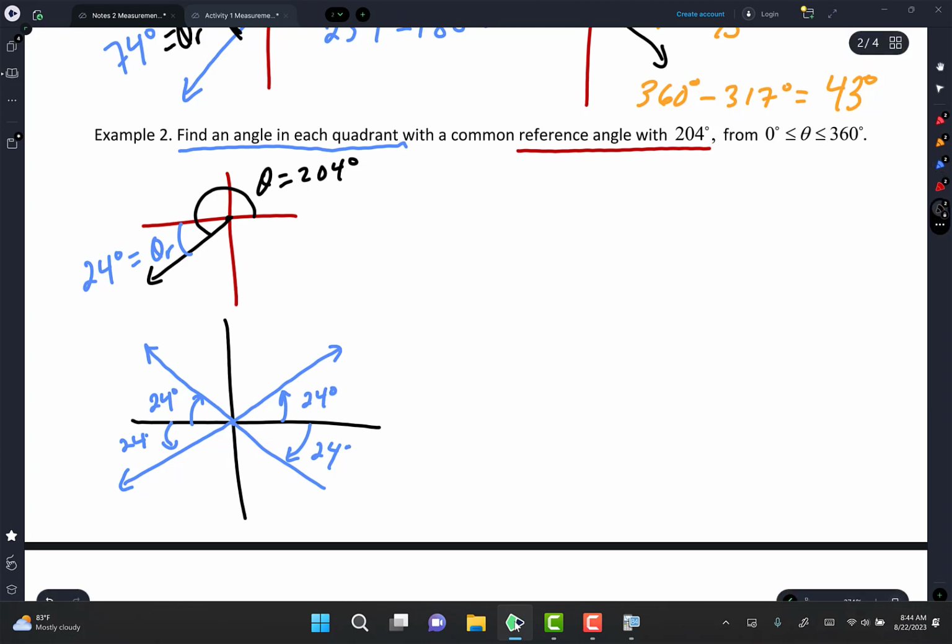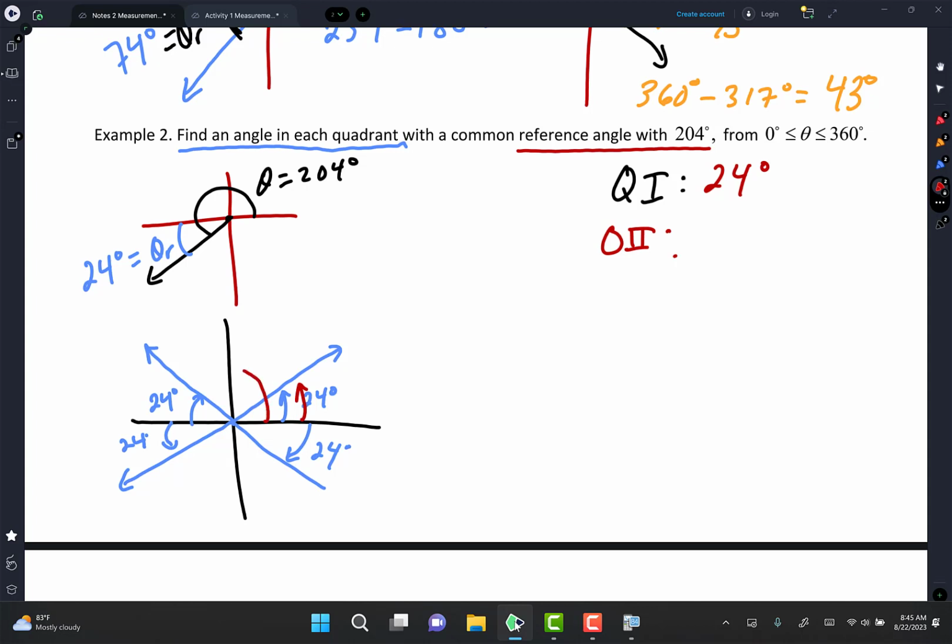So what they want to know, in quadrant 1, what is this angle? Well, in quadrant 1, if I just count like this, that's just 24 degrees. In quadrant 2, what is this angle? Well, I'm 24 degrees away from 180. So subtract 24 from 180. 80, 70, 60, 150.